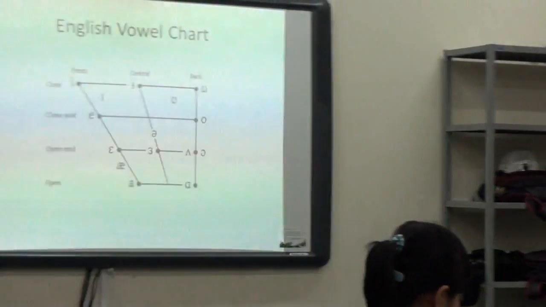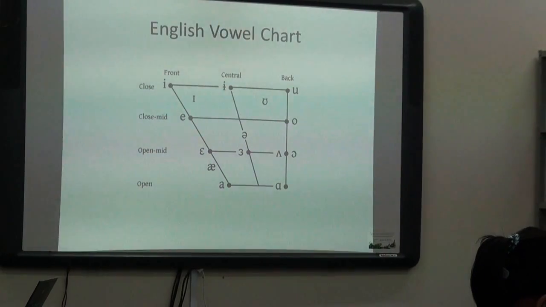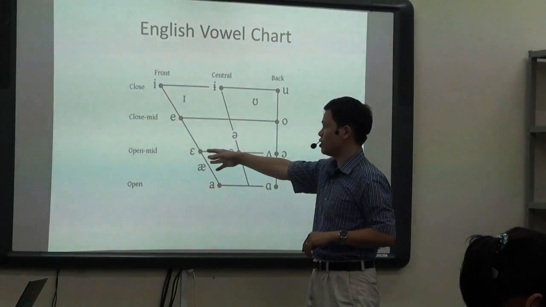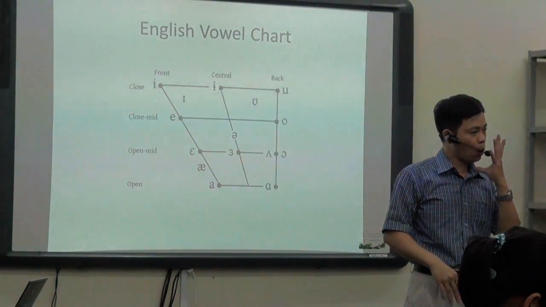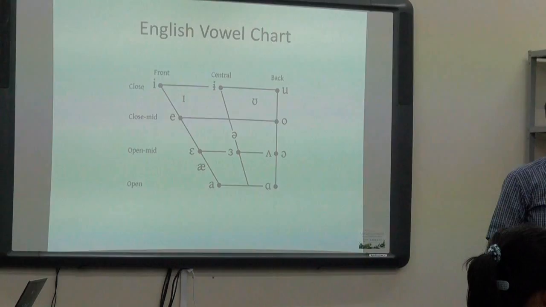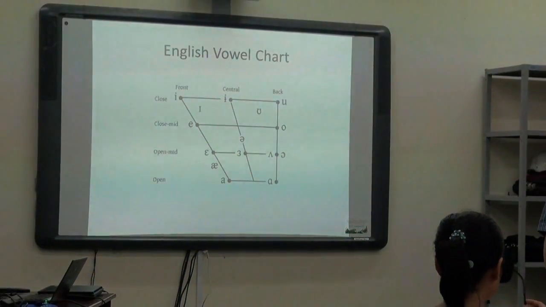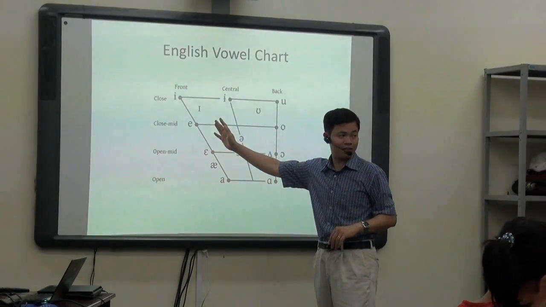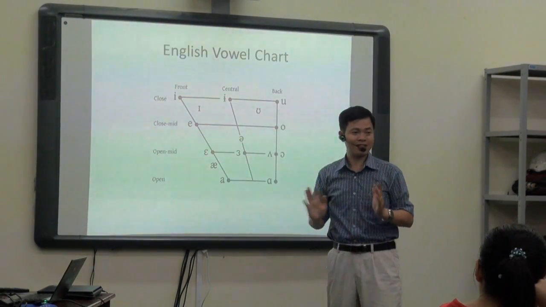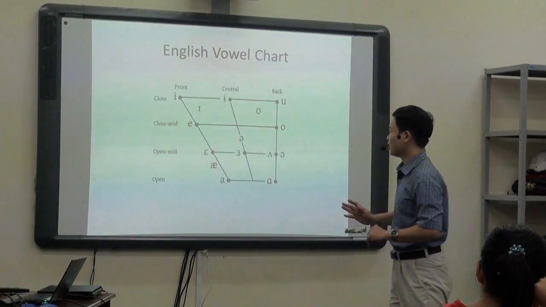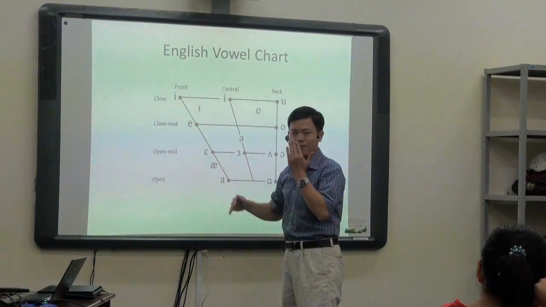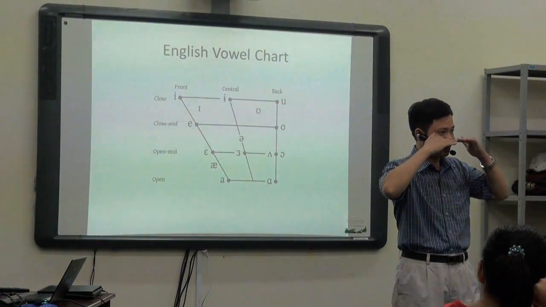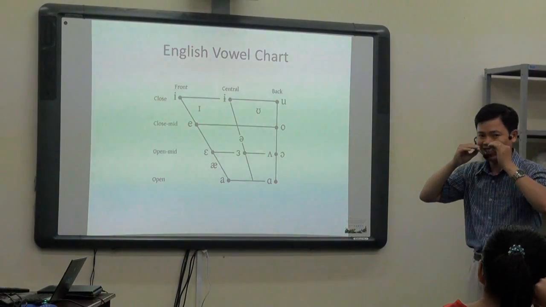The vowel chart describes the major vowels in English according to how open our mouth cavity is and how frontal or backwards the sound should be. So there should be front, central, back, and then open, mid, and close.